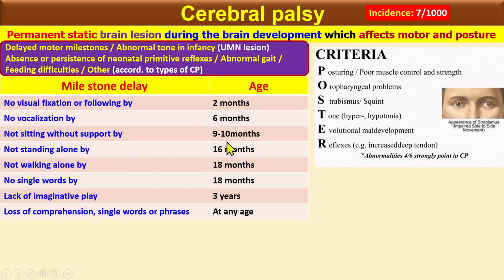Not sitting without support by 9 to 10 months, not standing alone by 16 months, not walking alone by 18 months, no single word by 18 months, lack of imaginative play by 3 years, loss of comprehension, or the single word or phrase at any age. So these are different milestones we observe in the cerebral palsy.